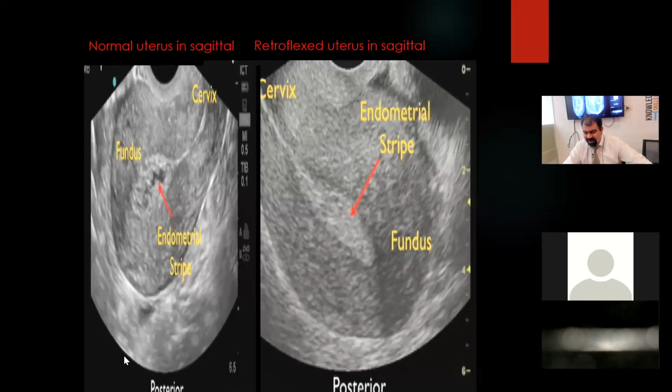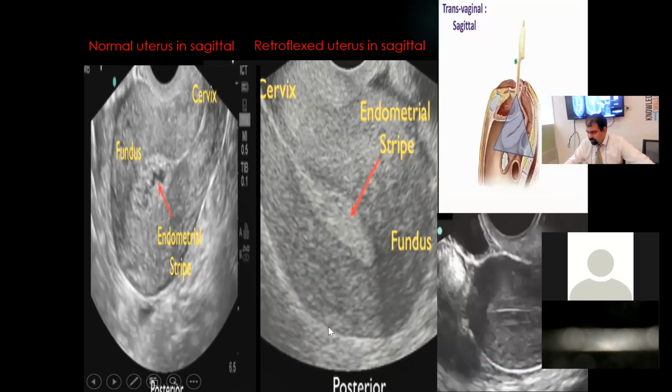And if the fundus is on this side and the bladder is on that side, then it is away from the bladder. That way you can say this is a retroverted uterus. This is how you can make a diagnosis on TVS whether I'm dealing with an anteverted or a retroverted uterus.